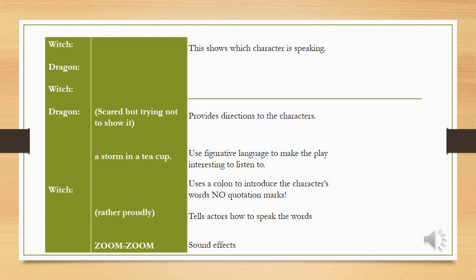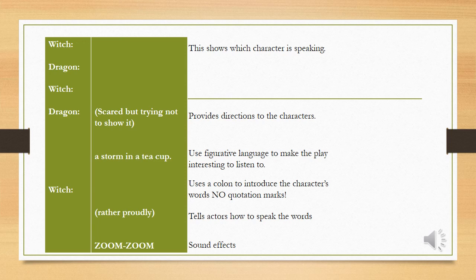Okay, then the next one. I've got in brackets, scared but trying not to show it. This provides direction to the characters. It shows how this character should act when he is saying something. Third one there, a storm in a teacup. Use figurative language to make the play interesting to listen to.